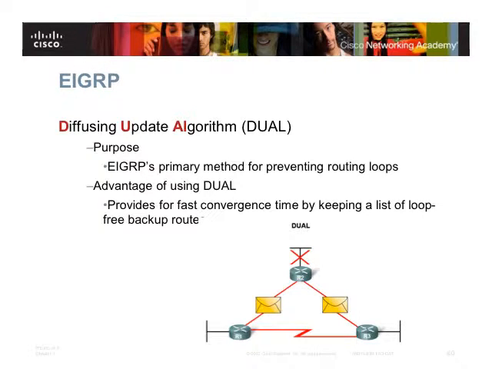So the key is that whenever any change in the network happens, router 2 sends an update. We are done with this. But now I want to send a query to all the neighboring routers to search for another route for this network.